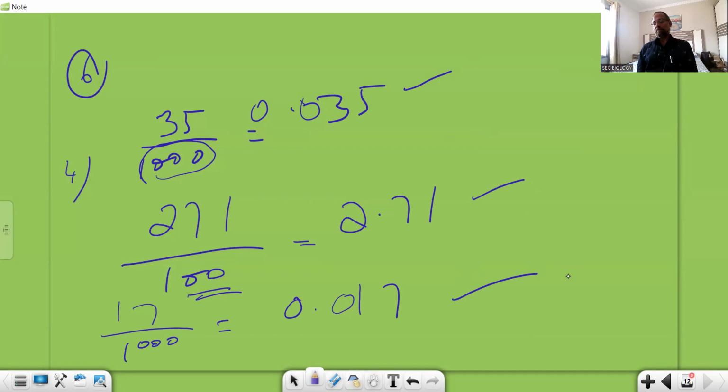Correct. Are you following or not? So you understood what a fraction is and the relation between fraction and decimal. Any confusion?